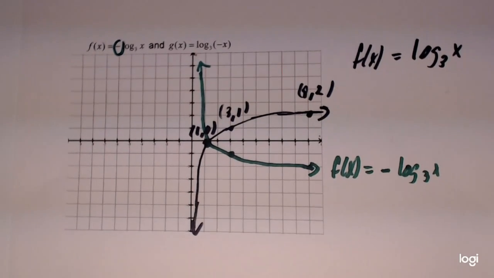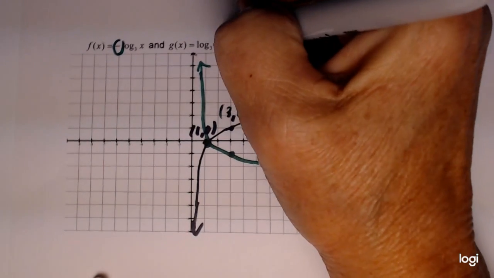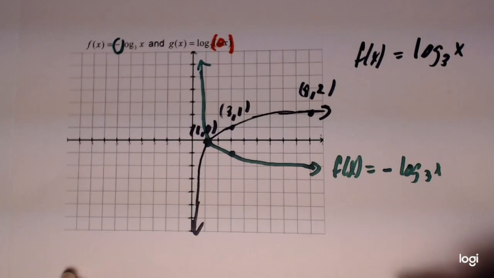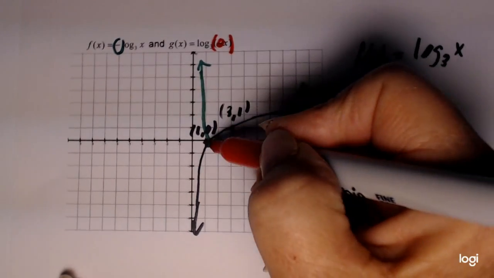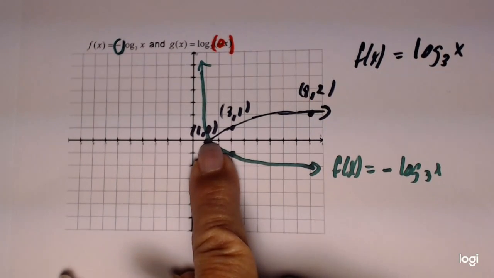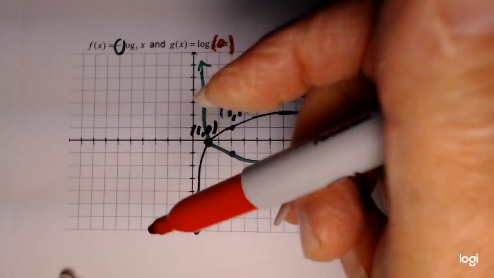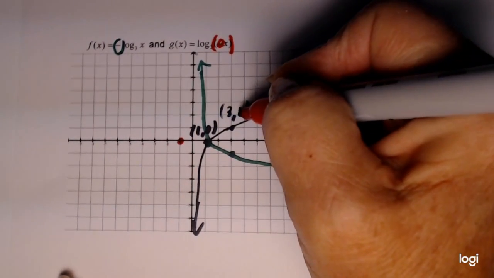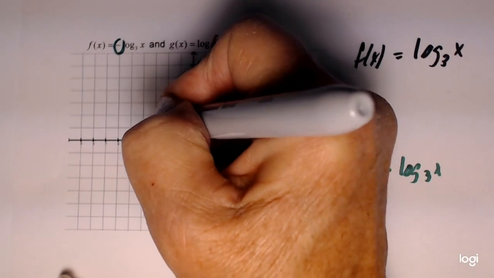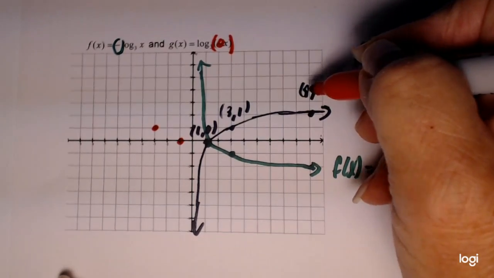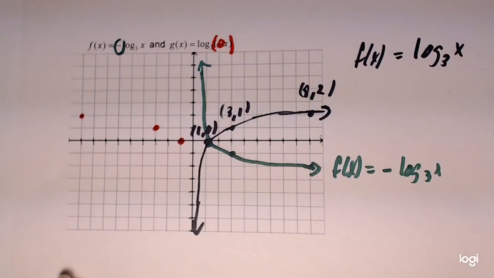Next reflection. We have again a negative sign. We know it's a reflection, and this time it's inside the parentheses. So that says every x value gets its sign changed. Going back to the original function, f of x is log base 3 of x. This (1, 0) becomes (-1, 0). (3, 1) becomes (-3, 1). And for (9, 2), the positive 9 becomes negative, so we have (-9, 2).